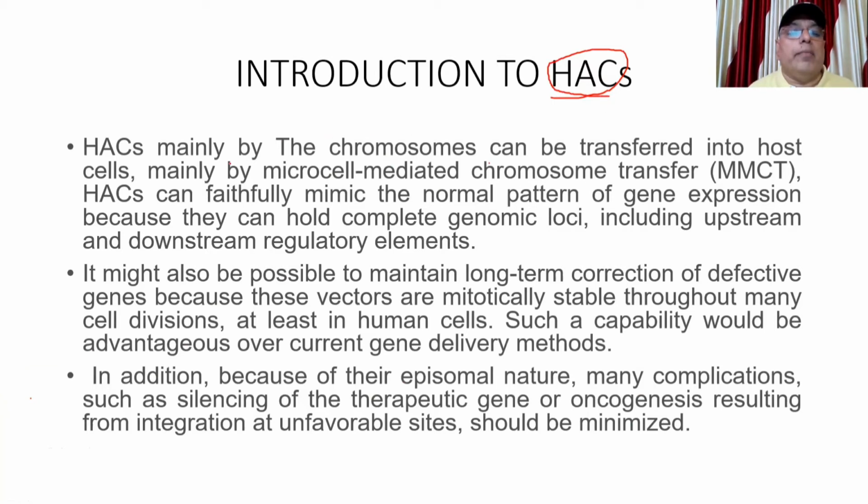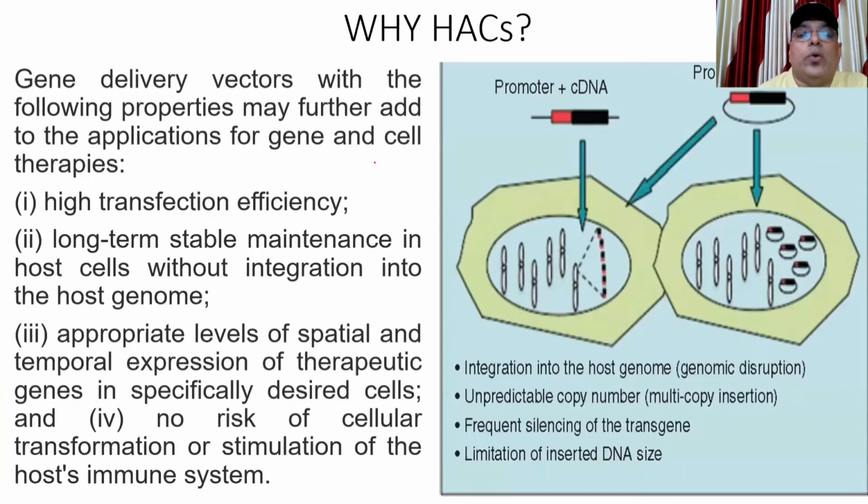HACs are artificial chromosomes which can be transferred by means of microcell mediated chromosome transfer, MMCT, and they carry the desired stretch of DNA to the system. They can literally carry any length of insert, and that insert could be carried to the new system, and there they can function autonomously.